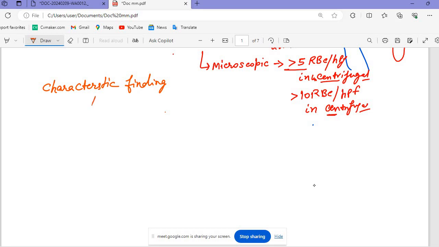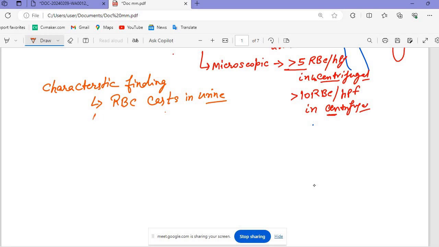But in glomerulonephritis, we see RBC casts in the urine. So that is a characteristic finding: RBC casts in the urine.